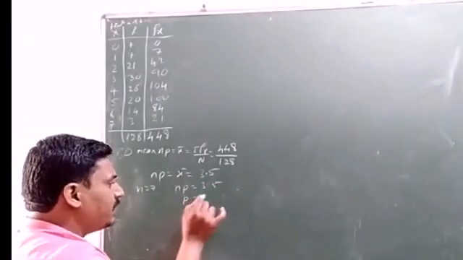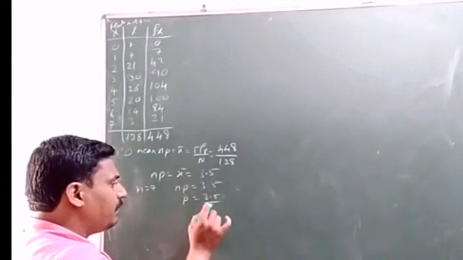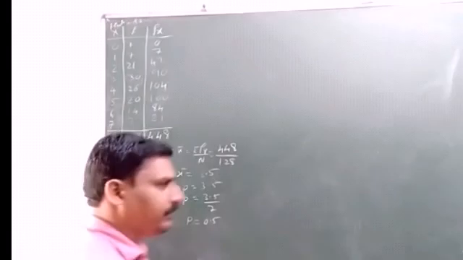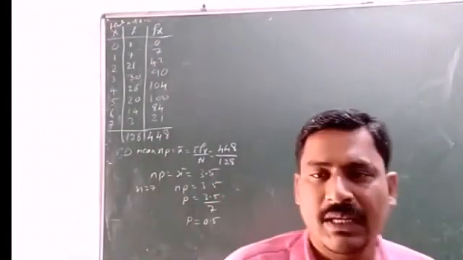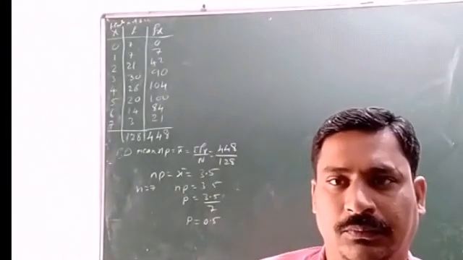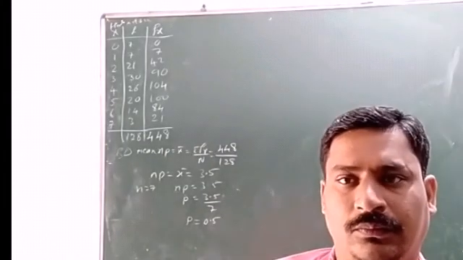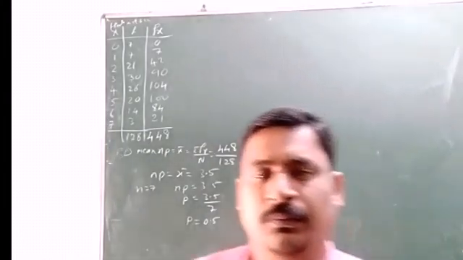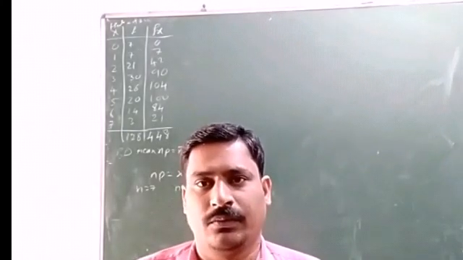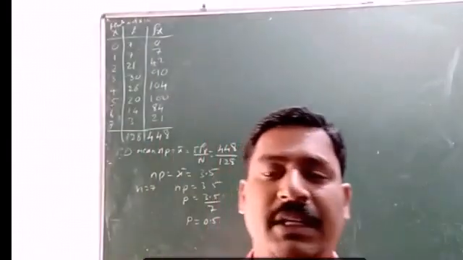Therefore P is equal to 3.5 divided by 7. So P is equal to 0.5. Is P 0.5? Yeah, right. So P is 0.5.